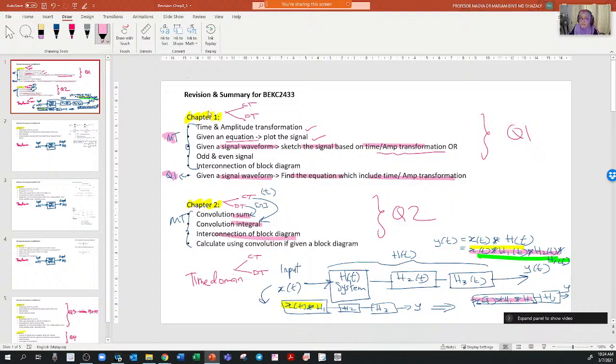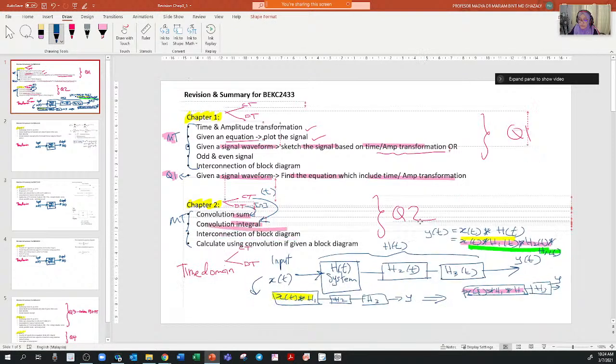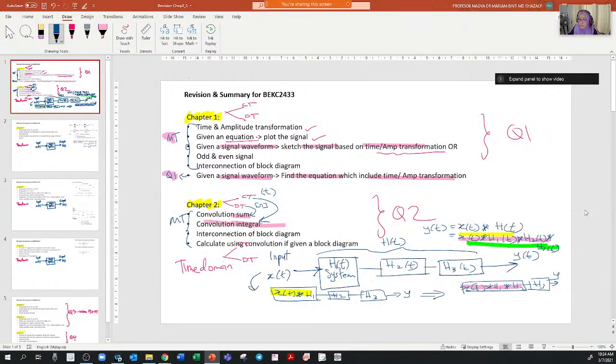And lastly, you will get x(t) convolve with h1, convolve with h2, convolve with h3.